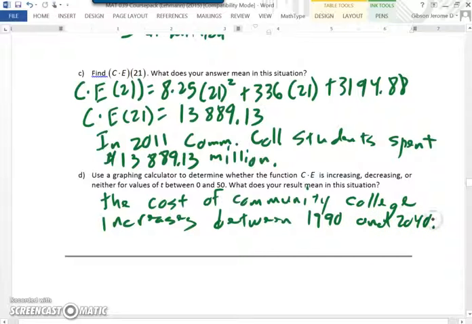I mean, really, to tell you the truth, we could just look at college costs now. We know every year, has anyone ever heard in their lifetime where college costs went down? No, it's always either stay the same or go up, but most of the time it goes up. So, this is it for this section.